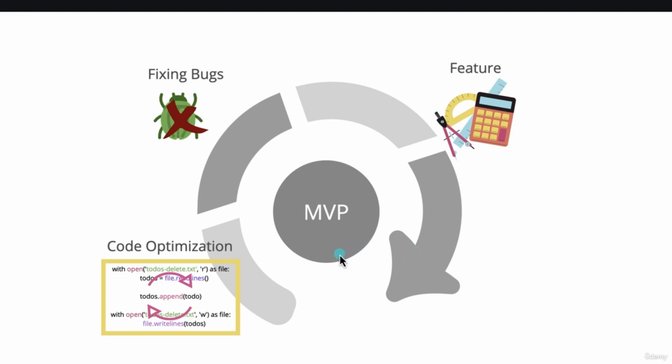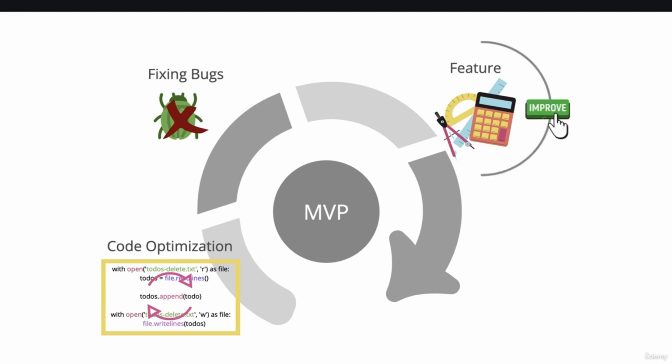For example, for our to-do app, we changed from file is equal to open and file close to using a with context manager. This doesn't serve the user any purpose, but it makes our code base higher quality, it could make the program faster, and it generally makes the code more readable and easier to manage and extend.